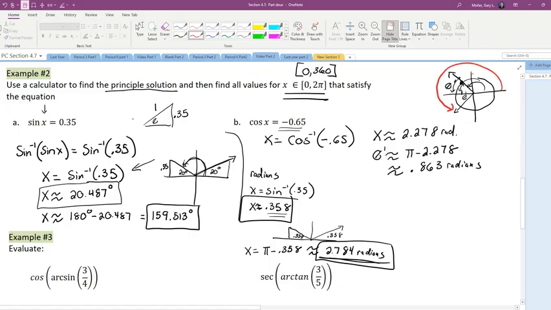One of the answers we found, that's that many, and that was 2.278. But then the other one's going to be what? Pi plus the reference angle. So the other angle is going to be x is approximately equal to pi plus 0.863. The reference angle is 0.863, and I'm going to add that to pi.